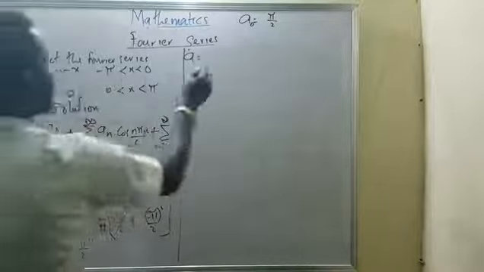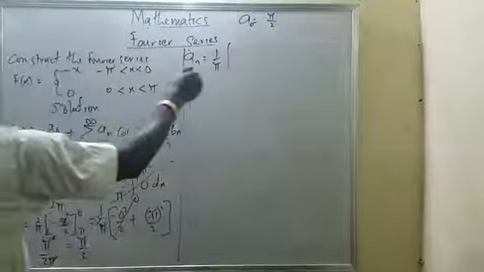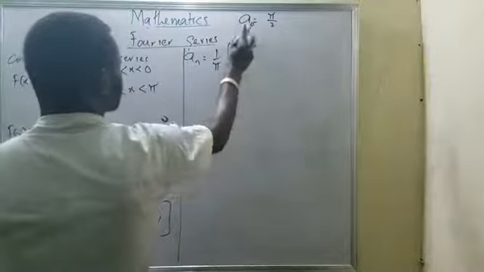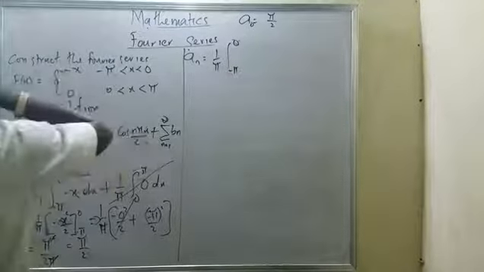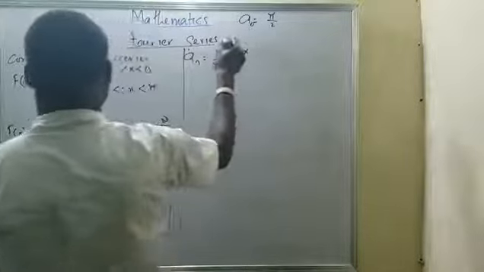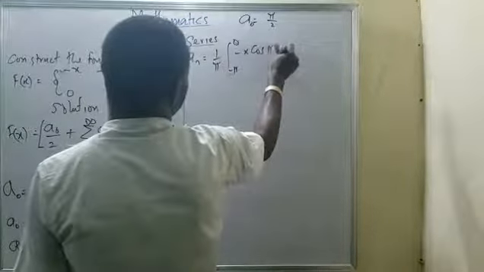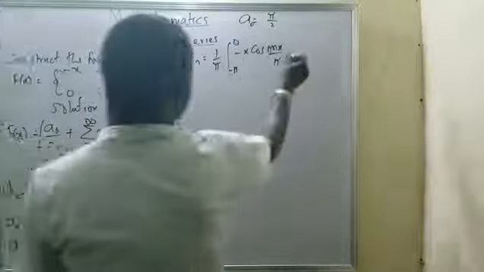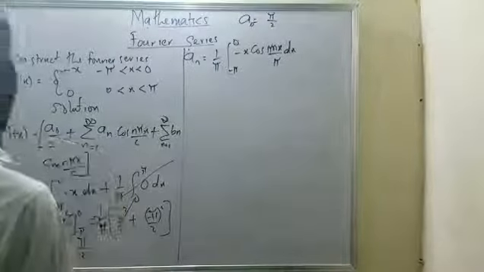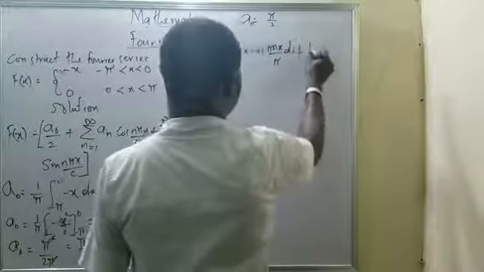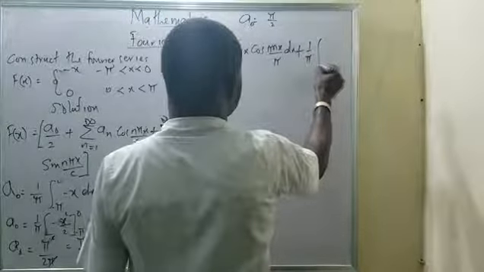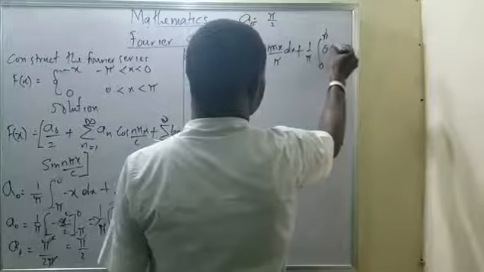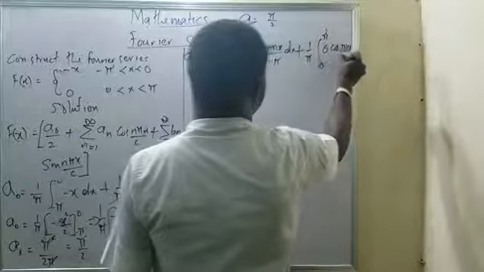My a of n will be 1 all over pi, the integral running from minus pi to 0 of minus x cos nx dx, plus 1 all over pi, the integral running from 0 to pi of 0 times cos nx dx.